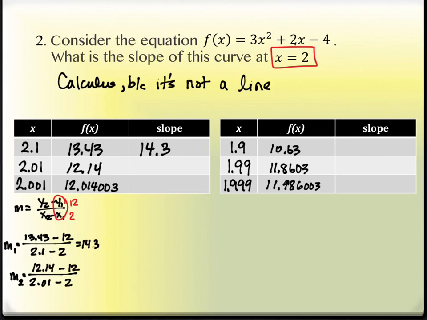It's 12.1403. I didn't get that finished writing when I was doing it before, so sorry. And I'll let my calculator calculate that again. 12.1403 minus 12 divided by 0.01. And this time I have 14.03.